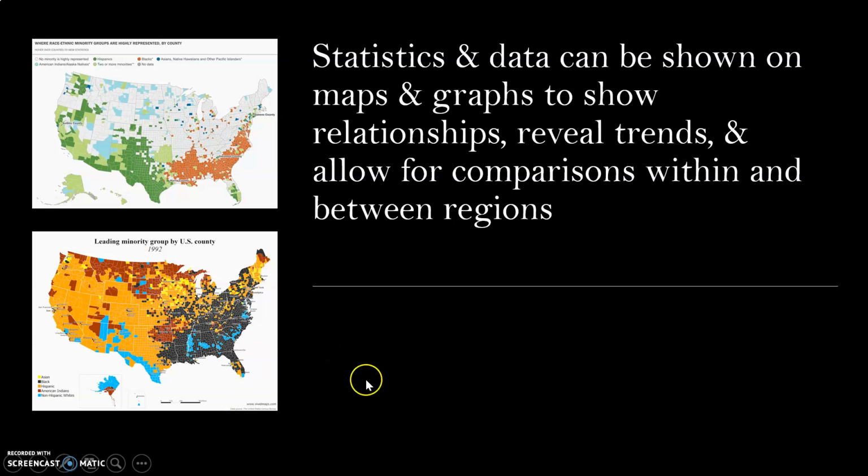Looking at the map, we see two different sets of data. This top map is showing where racial and ethnic minority groups are mostly represented by county, and that was a different time period.